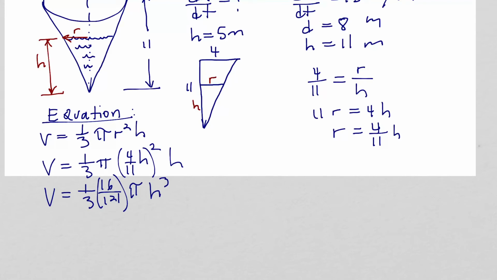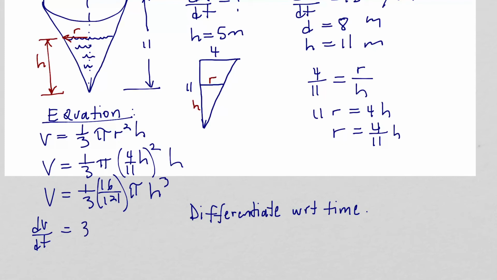So now I can differentiate with respect to time. So dV/dt, so h is my variable, so 3 in the front. Drop it down to 2, and then chain rule dh/dt.